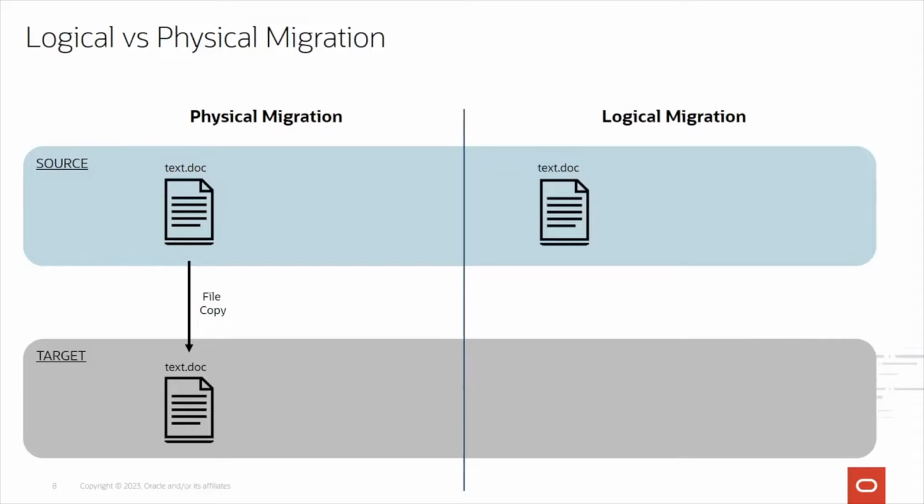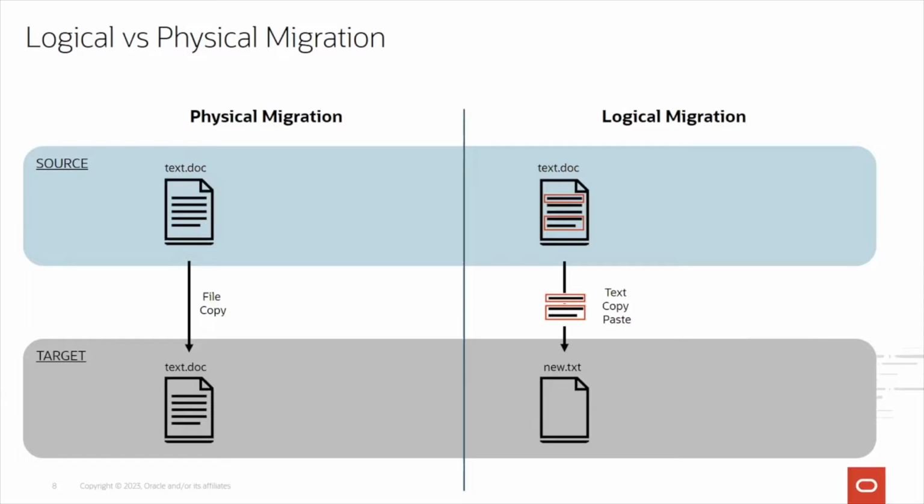We have the same text document, but instead of copying the entire document, you only copy the contents, with Control C and then Control V to paste it into the target. Here we haven't physically moved the files; we have logically extracted the contents and put them into the target. You can also notice that the source has a separate file format, .doc, whereas the target is .txt. This is another important thing about logical migration.